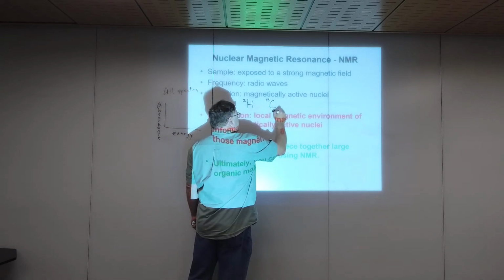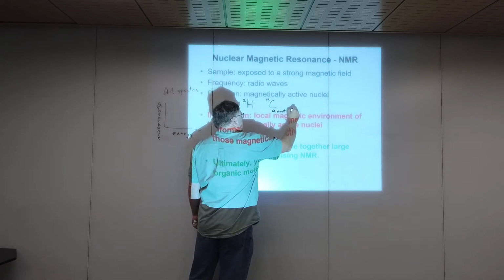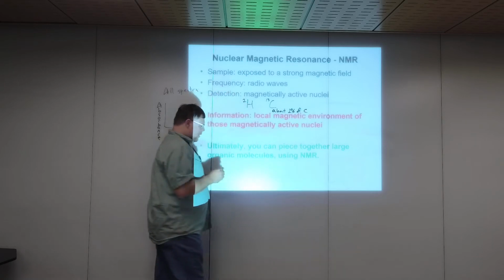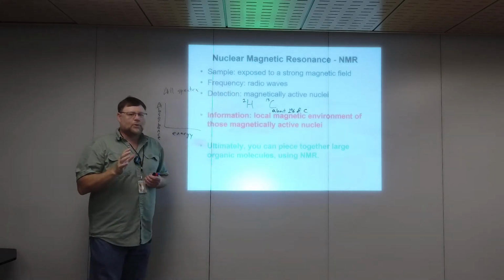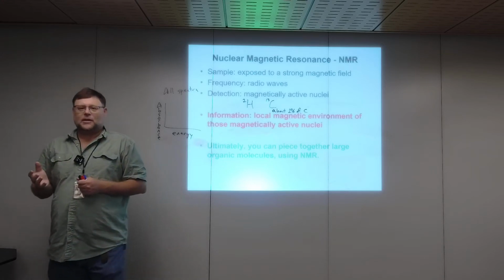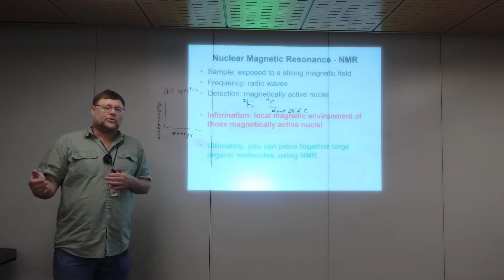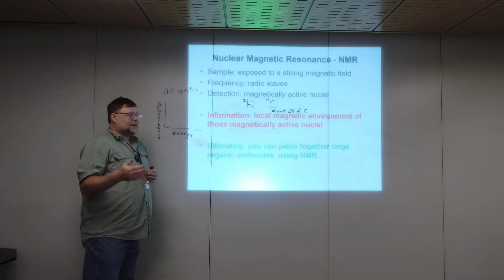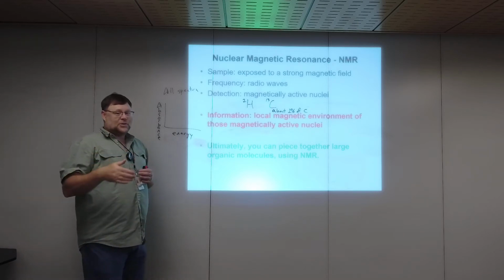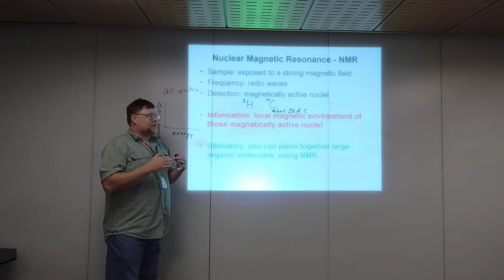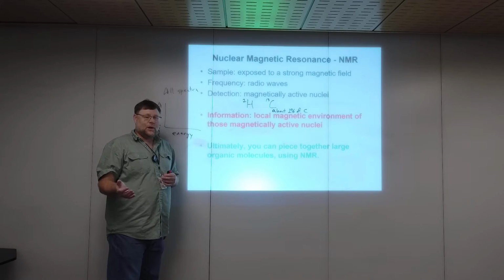C13: on Earth, about 1% of the carbon is C13, right? So most carbon is C12. It's got 6 protons, 6 neutrons. C13 is an isotope of carbon that has 6 protons. Remember, an element's defined by the number of protons. So 6 protons and 7 neutrons.